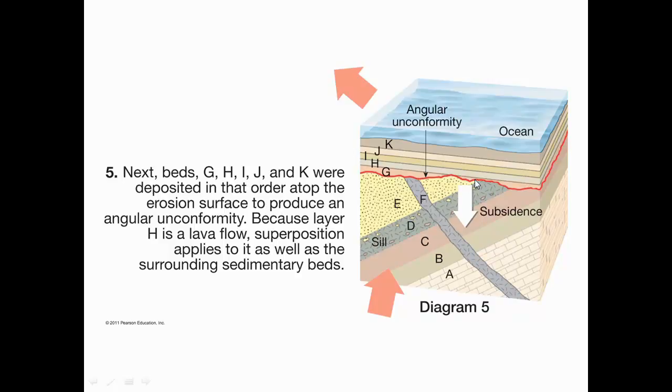Now, that's not entirely true, because where this unconformity crosses the underlying sill, that's actually a nonconformity. But in all other places, E, C, B, A, that's an angular unconformity.